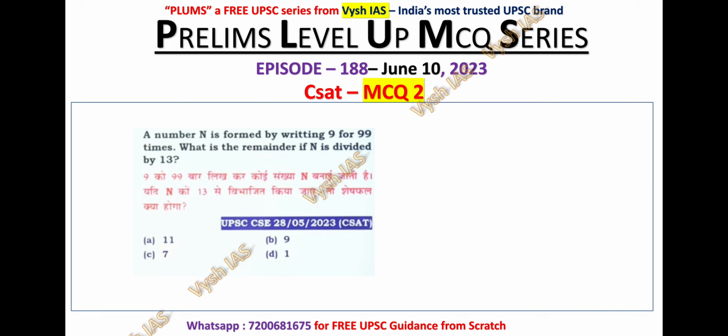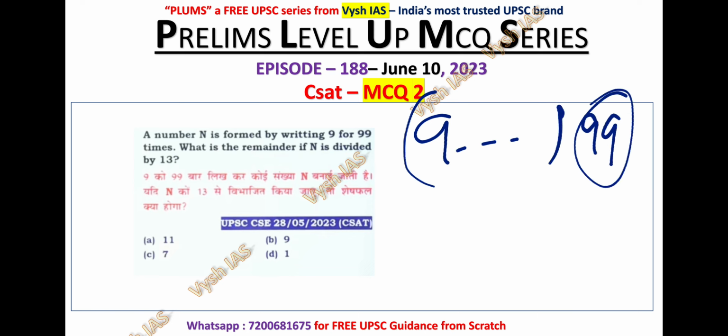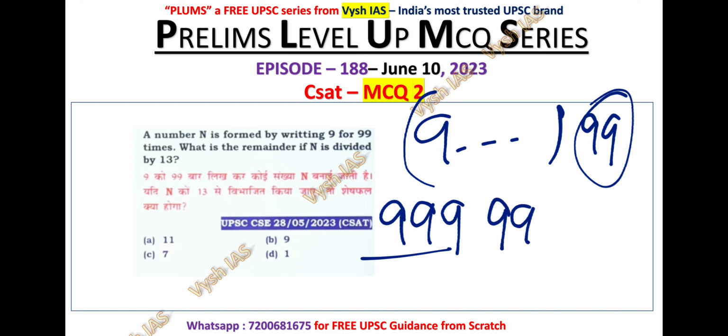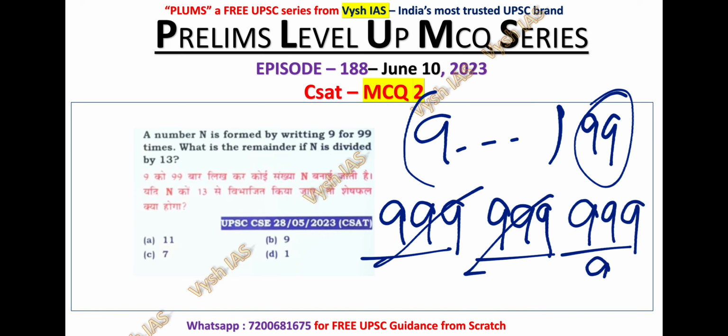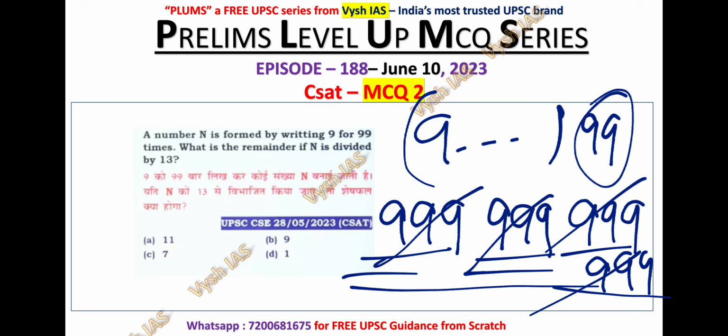Okay, now let's solve MCQ number 2 by using this divisibility rule of 13. If 9 is written 99 times, how can we make groups of 3 digits? You will write it as 999. This is one group, and this and this get cancelled after taking the difference between these two, and the other pair cancels too.